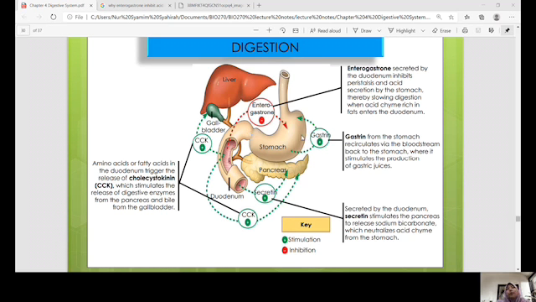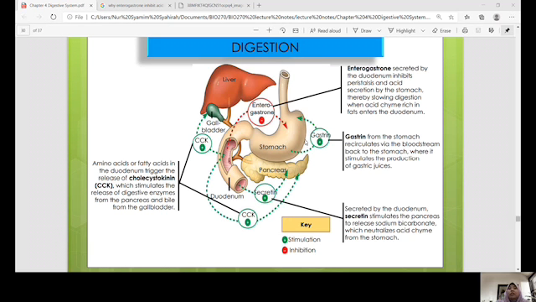Since when we eat, the stomach will digest the food, right? The protein digestion starts in the stomach, and then when this food moves to the duodenum, there is less food contained in the stomach. Our stomach is very acidic, the pH is 1 until 2.